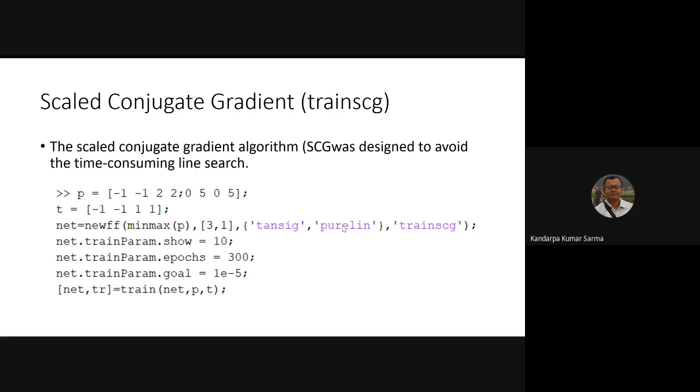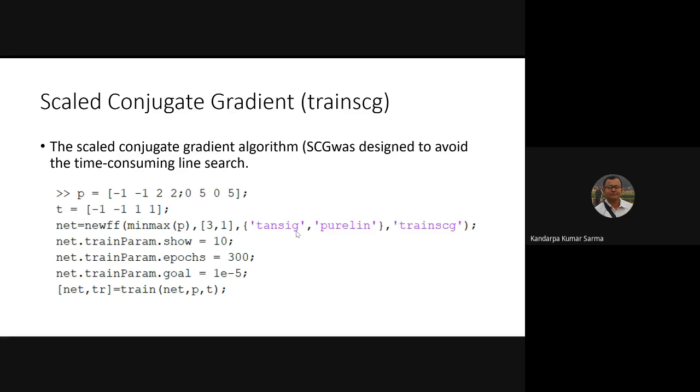Now the more popular version of the scale gradient function is called the scale conjugate gradient, or train SCG, a very popular function, and it has certain benefit that it gets rid of all the time consuming line searches.